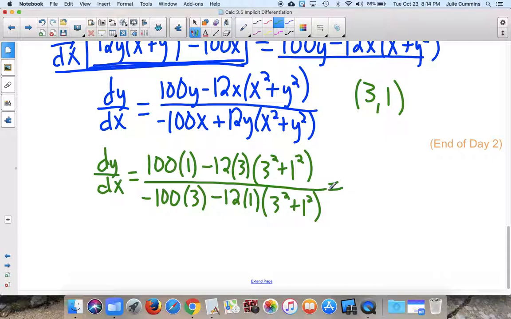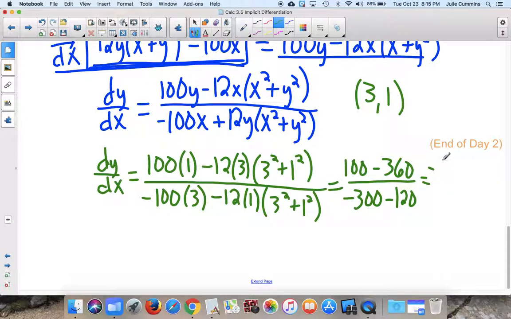Okay, let's go this direction. So we have 100 minus, I don't know, I might use a calculator for that. 12 times 3 times, that's going to be 10. I guess I didn't need a calculator for that. 360. Over here we have negative 300 minus 12 times 1 times 10, 120.